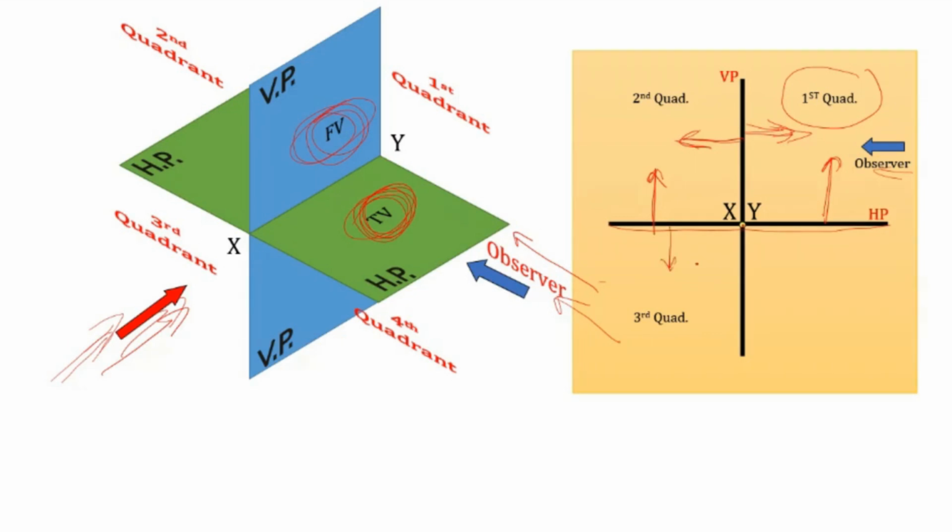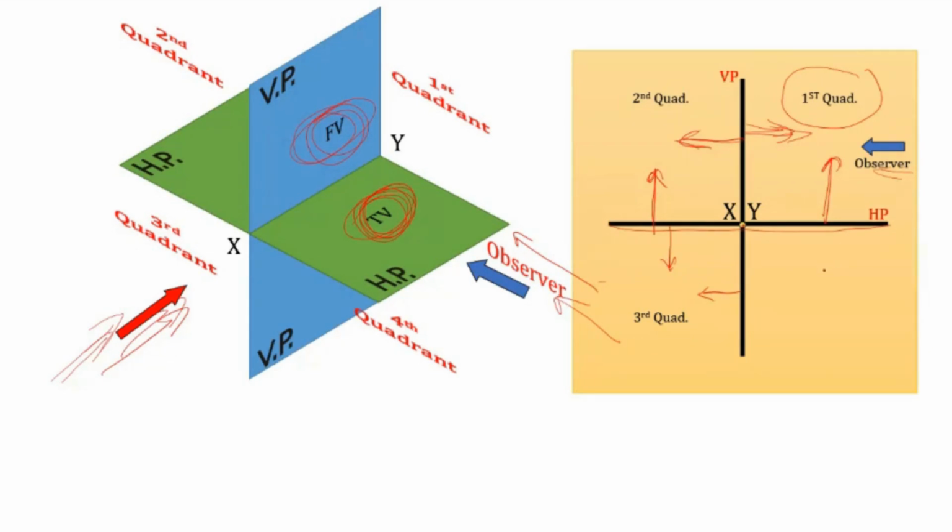Below HP and behind VP. So third quadrant is behind VP and below HP.